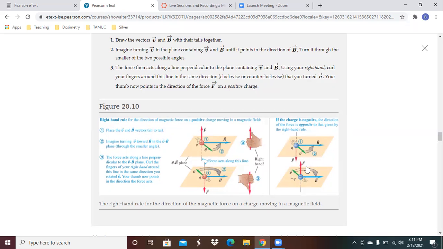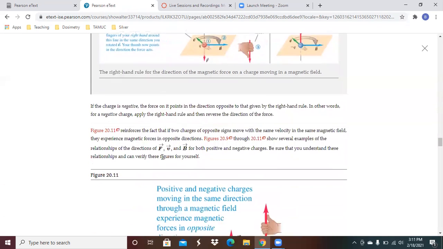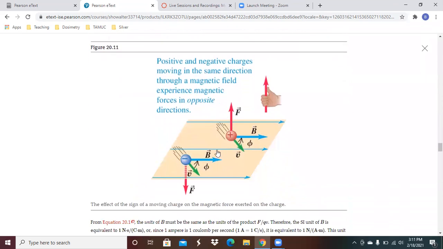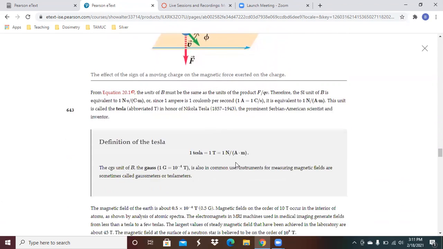If it's negative, then you'll be looking at these situations. So positive and negative charges moving in the same direction through a magnetic field experience magnetic forces in opposite directions. Obviously, it's the same charge, so the magnitude of the force is going to be the same if the velocities in the magnetic field are the same, but the directions are going to be different.